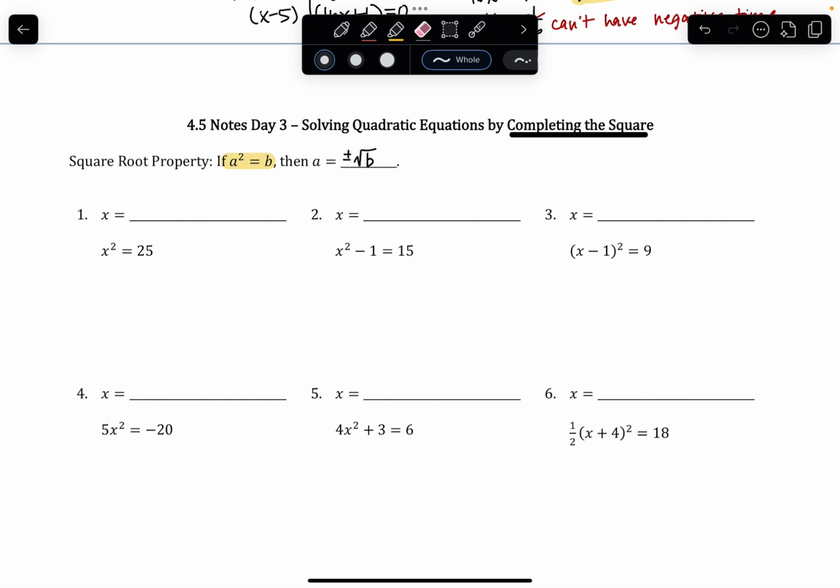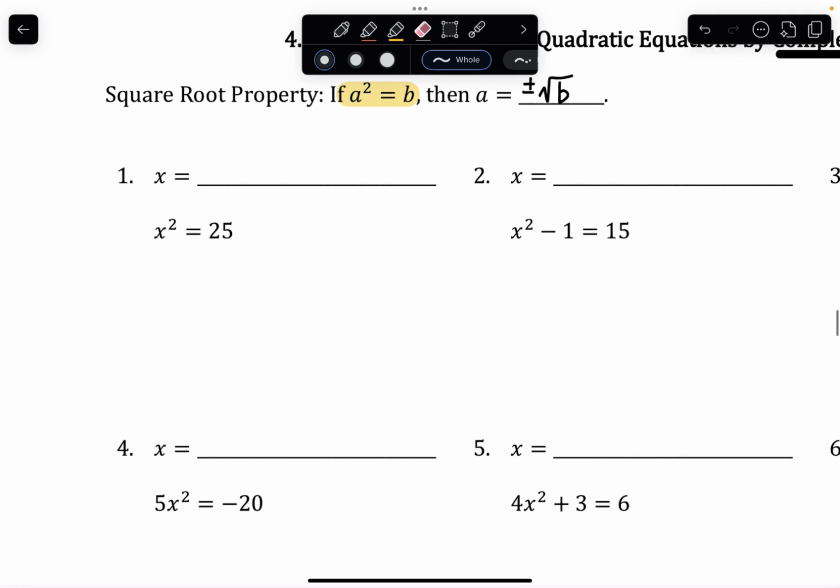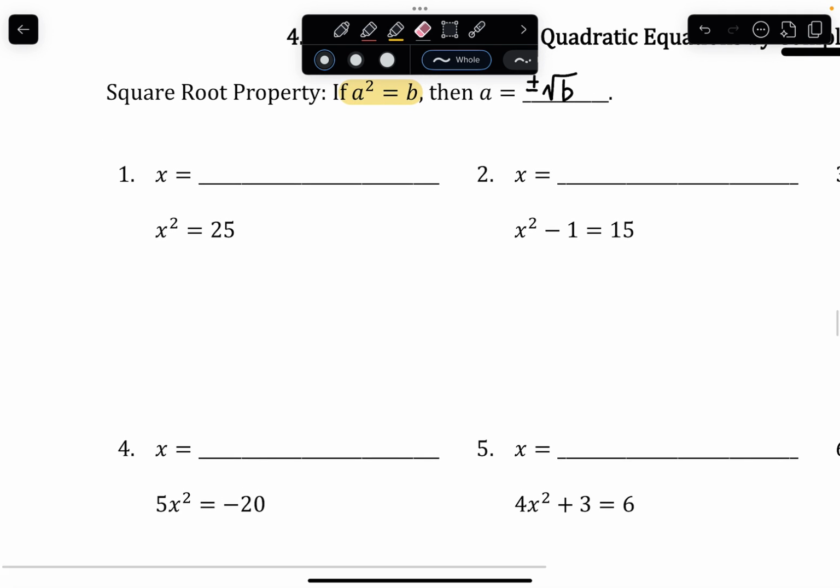Okay, and so we can use that property to solve quadratic equations if we have a perfect square on the left side. So x squared equals 25 means x equals the positive or negative square root of 25, which would be positive or negative 5.